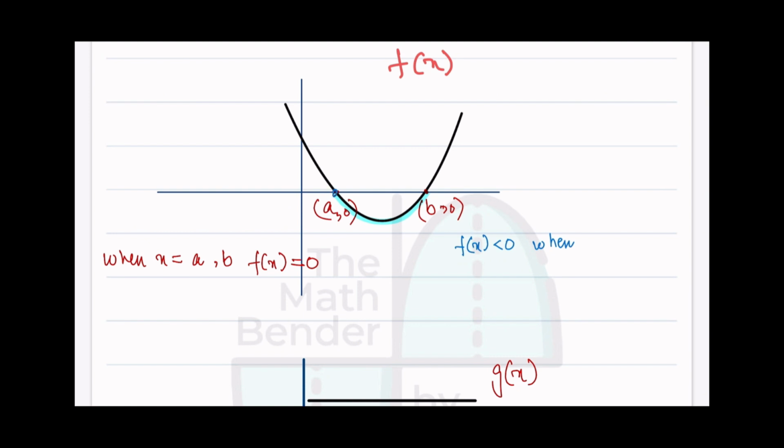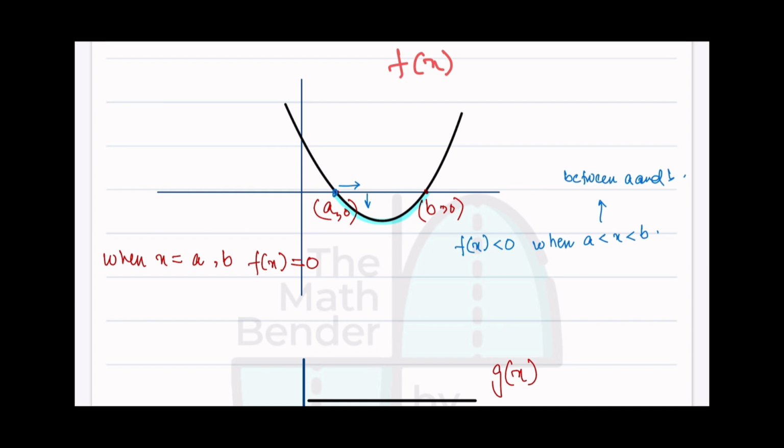At a it was 0, and as it moved to the right, the curve went down, and so on until it reached b. So you can say a is less than x is less than b. Since it's a continued inequality, we write it like that. This means the same as between a and b.